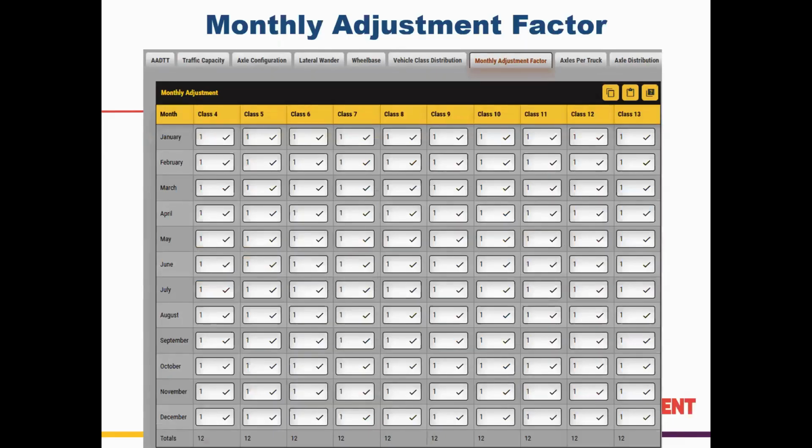The monthly adjustment factor is for each class of vehicle, you're going to have a percentage of them on a monthly basis. Here, the default values you're seeing are just once. In other words, each truck classification is spread evenly among all 12 months, and your total should be 12 for each class.